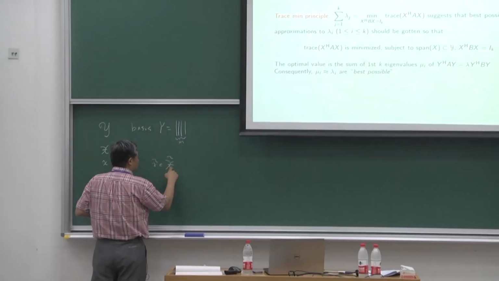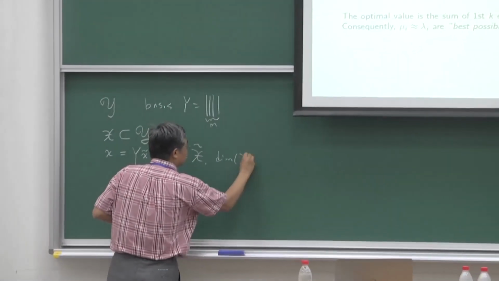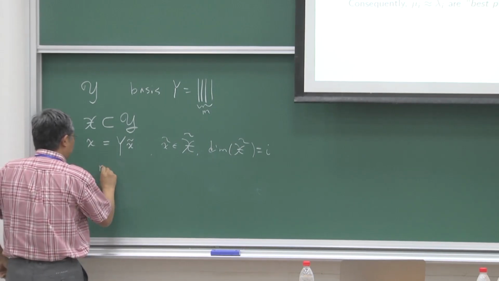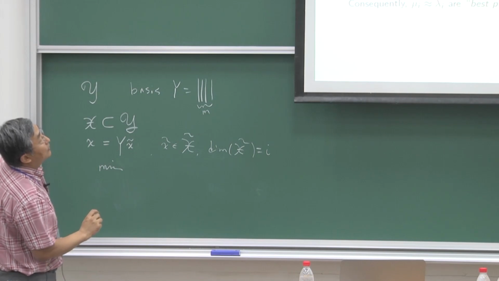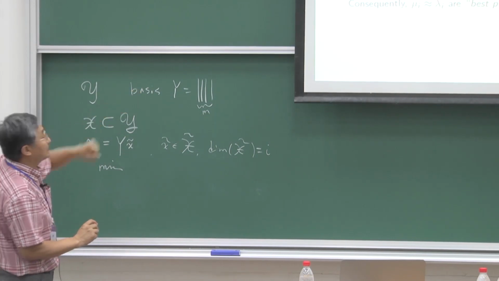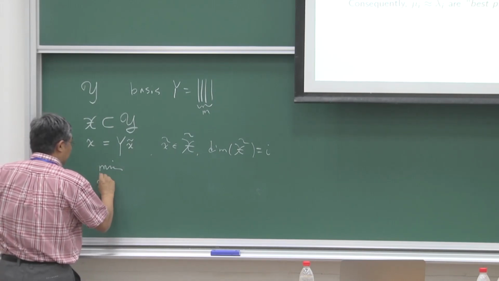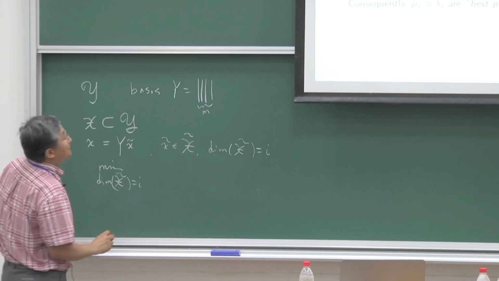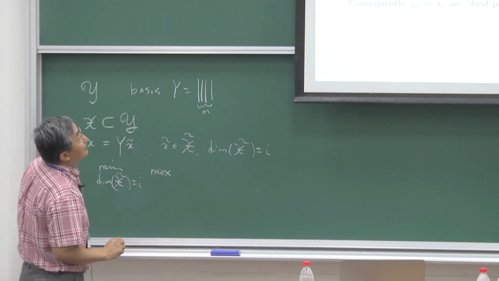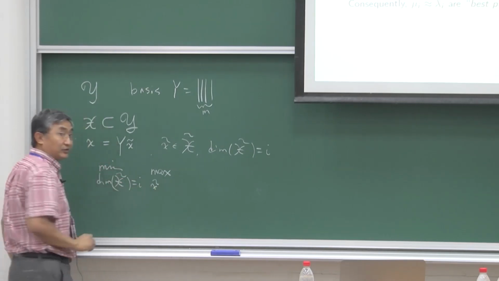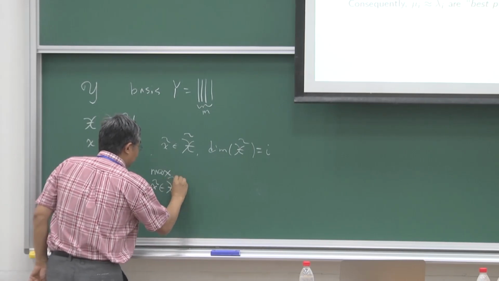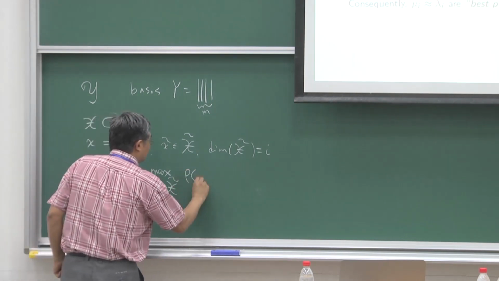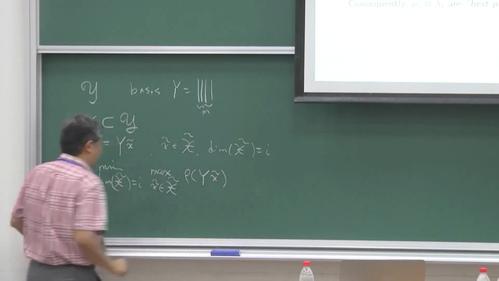Therefore the min over the subspace curl X in Y becomes the min over the x tilde subspaces of dimension i, of the max over all little x tilde in the subspace curl X tilde, of the Rayleigh quotient. So it becomes this.